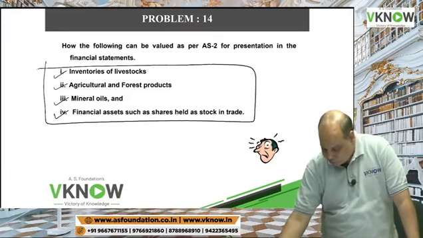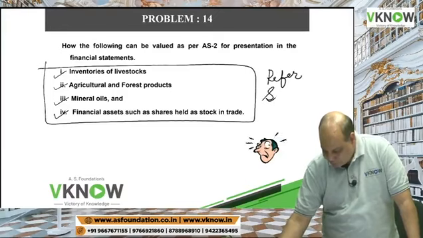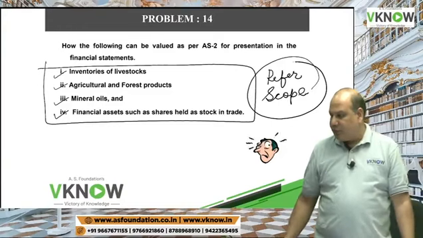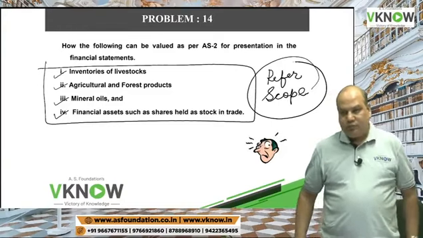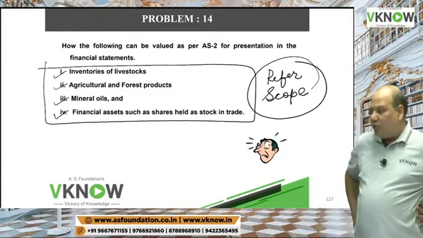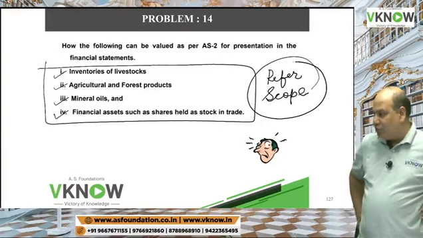So all of you go to the scope paragraph and read the scope paragraph, then give me the answer. How will the following items be valued as per AS2?